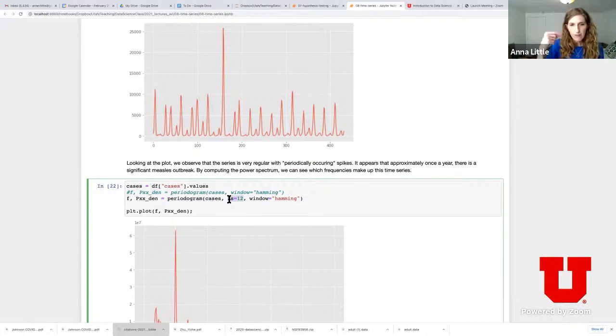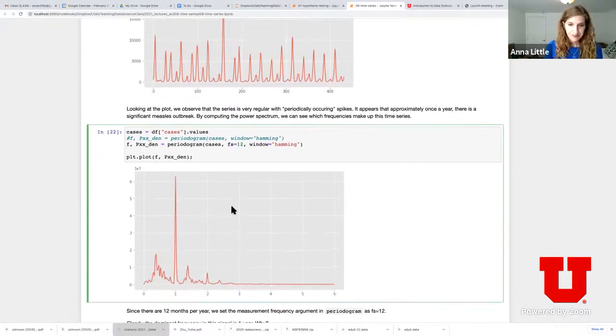Because we have monthly measurements, we're making an observation 12 times per year, so we'll put a 12 there. If you don't do that, it's okay, but you just have to be careful about how you interpret your units. Without that there, your underlying units would be months, not years.